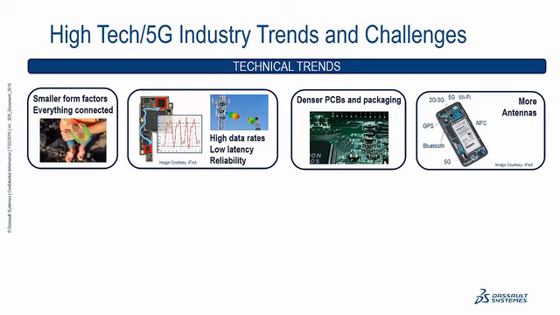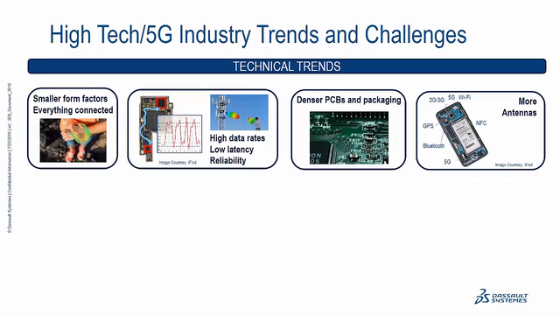So let's look in a bit more depth at some of the 5G industry trends and challenges. Some of the technical trends we see are smaller form factors, everything connected, so not just the smartphone, many other IoT, Internet of Things type devices, including watches.